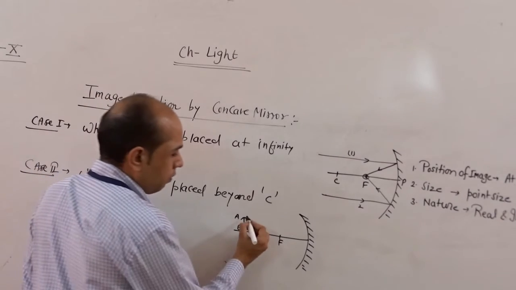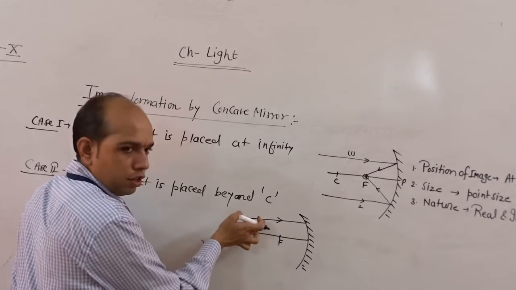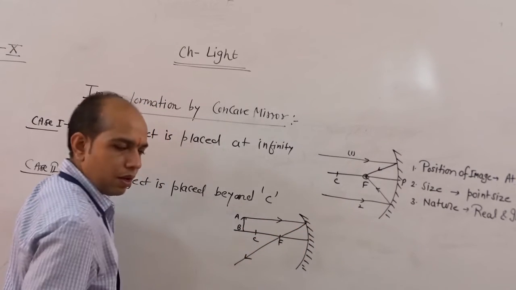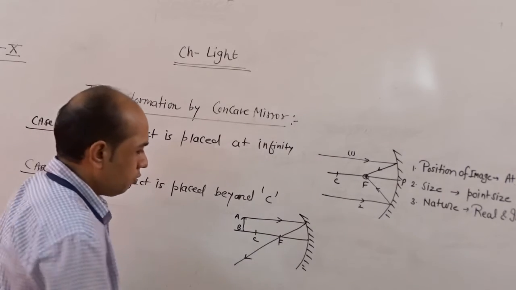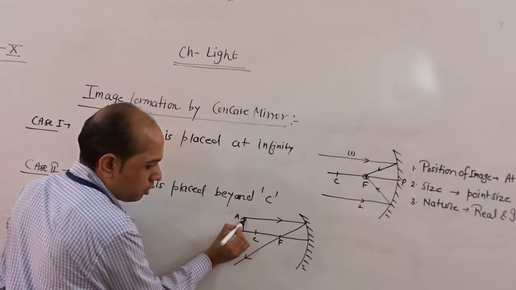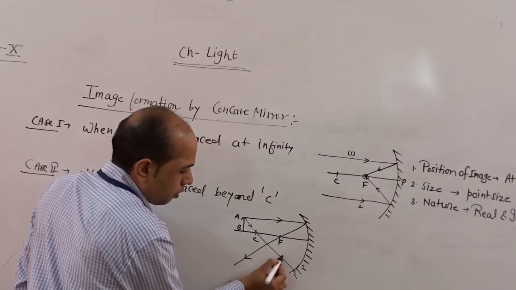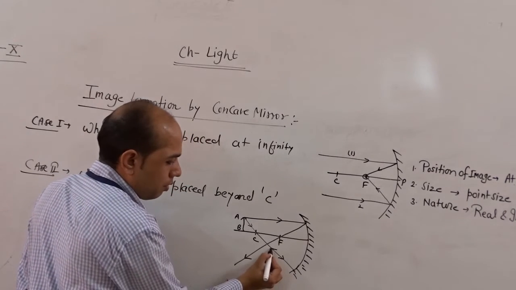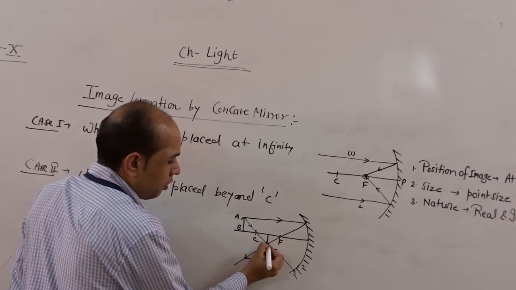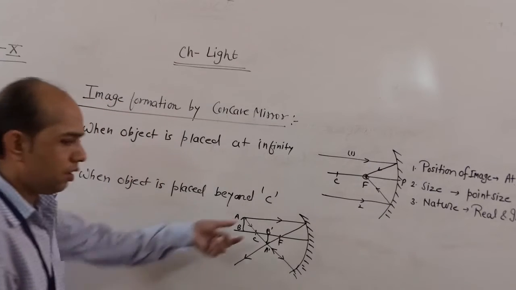So again as per the law, suppose the first ray comes from point A. This ray is parallel to the principal axis, so it passes through the focus. If we talk about the second ray, again we have to use the second law: any ray of light which passes through the center of curvature. So this ray passes through the center of curvature, so it retraces its original path. So this indicates here the meeting point. So the image is here A dash and B dash. So this is here the image.